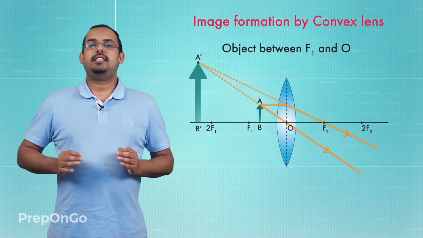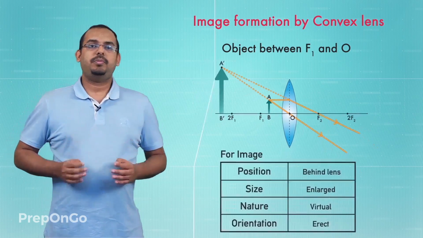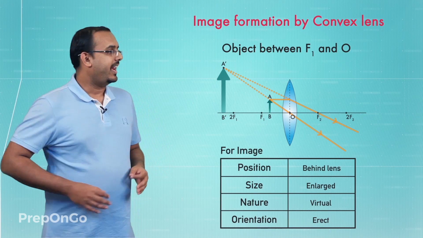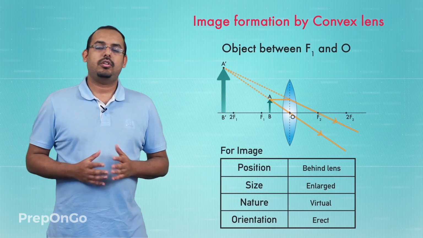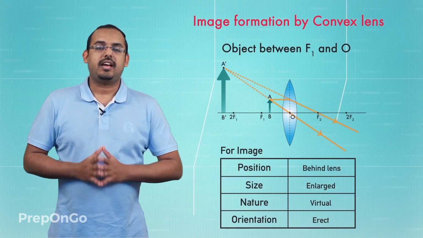So this is the sixth case of image formation with a convex lens, where we place an object between the optical center and the focus of the lens, and we find that a virtual and erect image is formed behind the convex lens, enlarged in size.